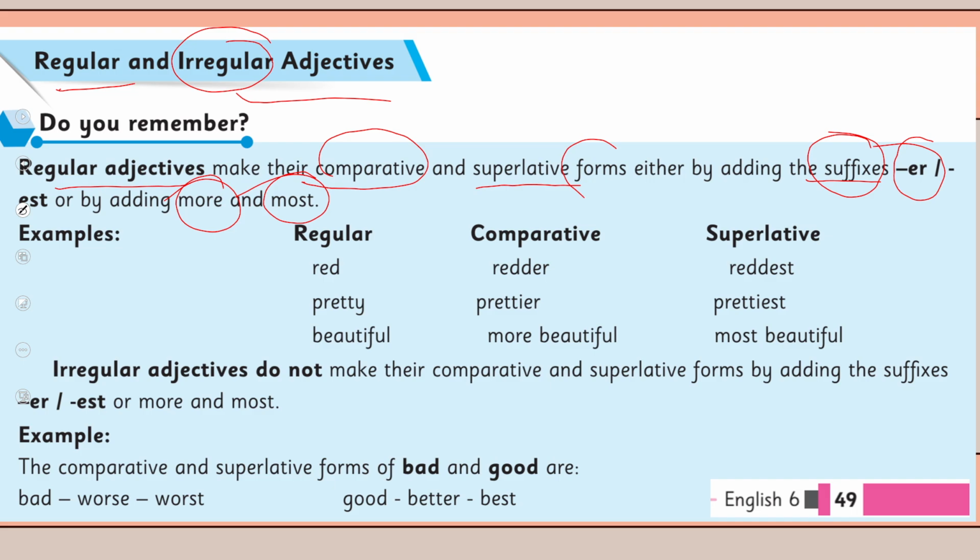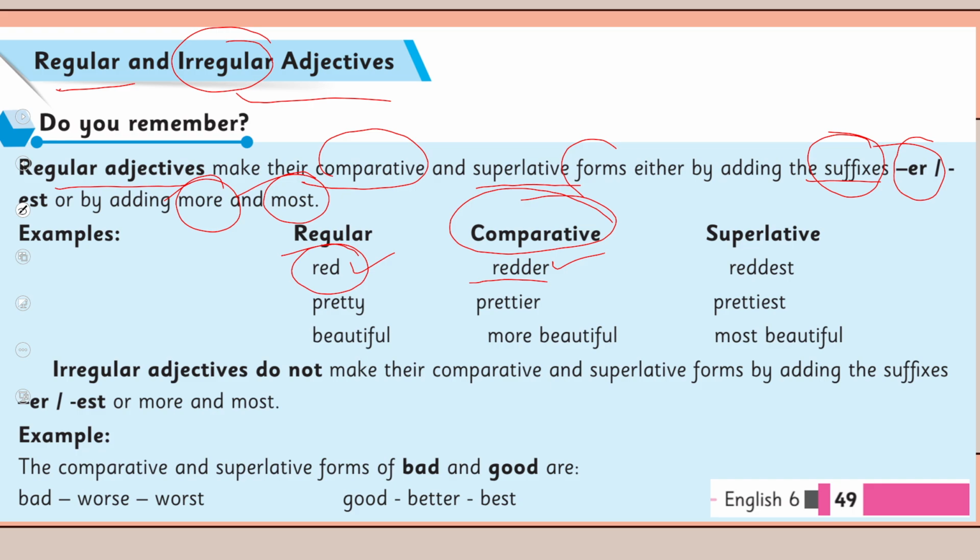For example, if we have an adjective, red, if something is red in color and we have two different things, they're both red, but one is redder than the other. So we are using comparative degree. We are comparing two things. So red will become redder.